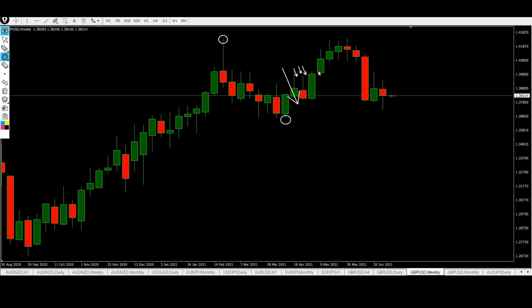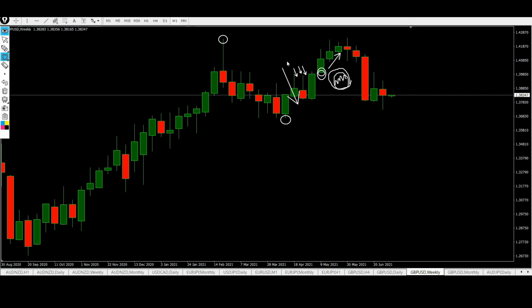However, if you recall at this point right here, there was compact long price action that formed. Now, like I explained in lesson 1 of this course, compact price action is a common way to know if a bias has changed. And so at this point, when this compact long price action formed, the bias became long.